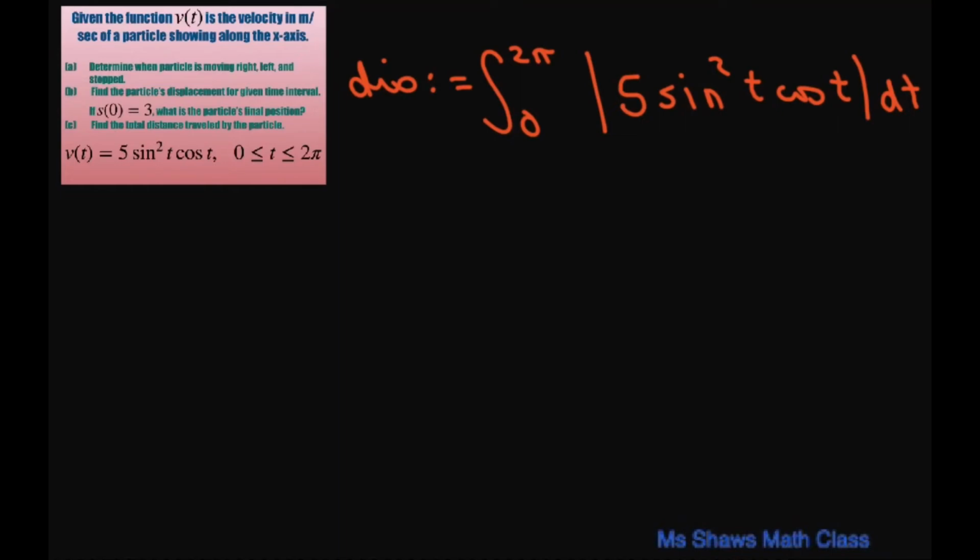Now we have to split this up. This is absolute value, so we're going to split it up between our intervals. It's positive from 0 to pi divided by 2.